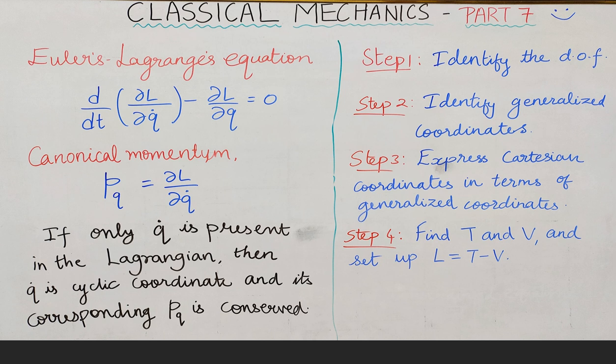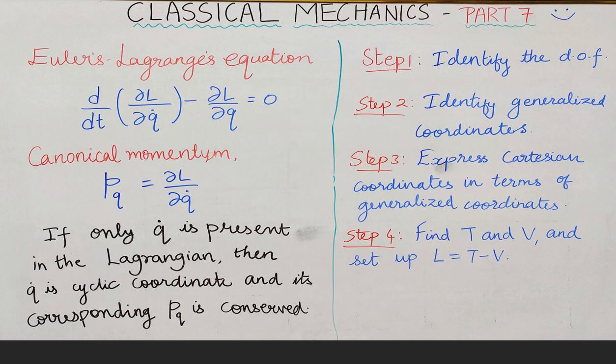And the other one to know is you'll have some questions where some Lagrangian is given, and you will be asked which of the quantity is conserved. That is, which of the momentum is conserved. So if I have given some Lagrangian and it has some terms like Q dot and Q, that is one case.